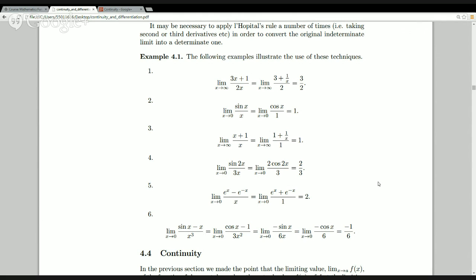In most ways of treating it, you actually need to know the limiting value of sine of x over x in order to prove, I think, that the derivative d dx of sine of x is cosine of x. So we're kind of doing it backwards here.